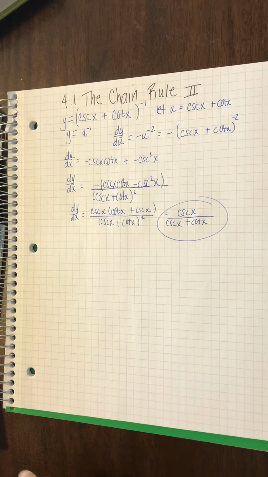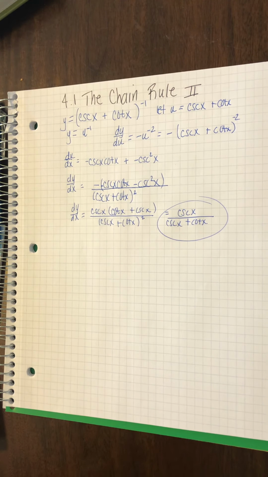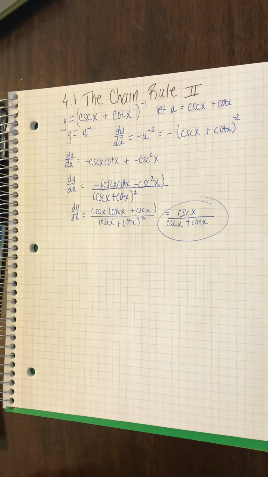All right. The next one I'm going to do is number 18. So this video is pretty much tons of practice of evaluating trig functions, their derivatives, using the chain rule. So it's going to get pretty complex now.